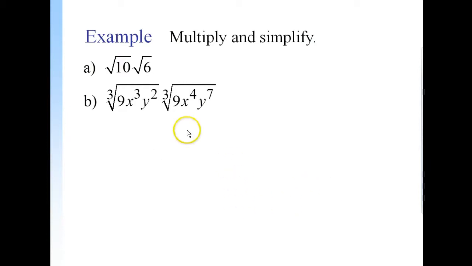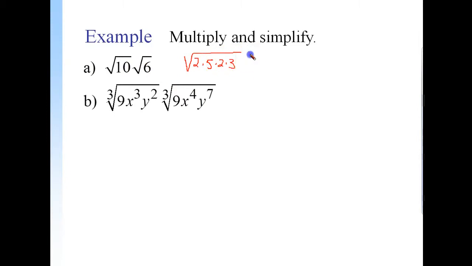Now, as we look at letter A, keep in mind you might have thought of it this way. 2 times 5 times 2 times 3. So there's 10, there's 6.